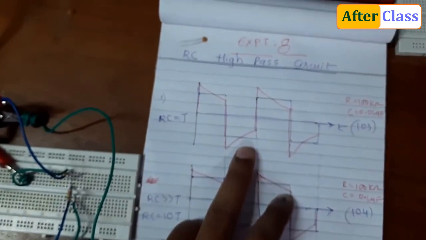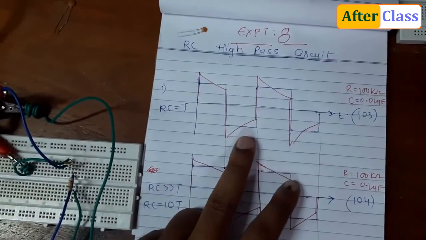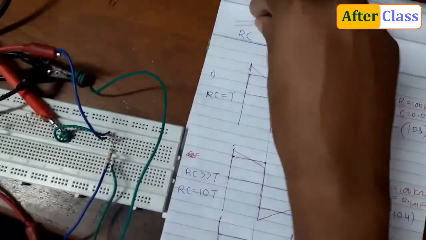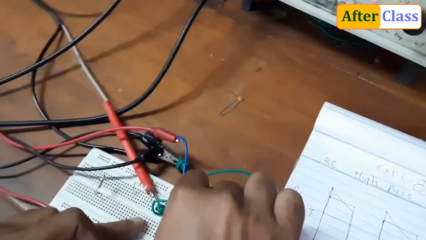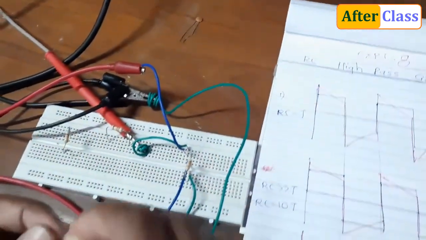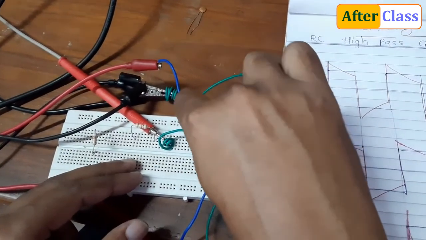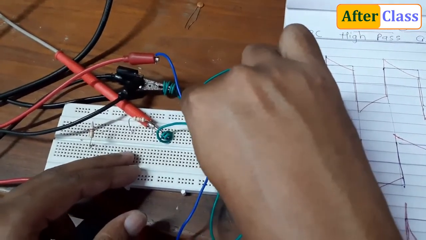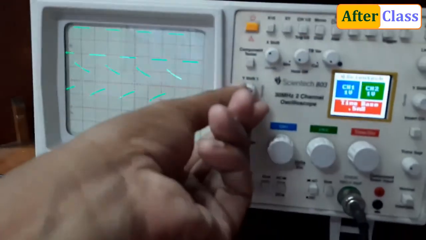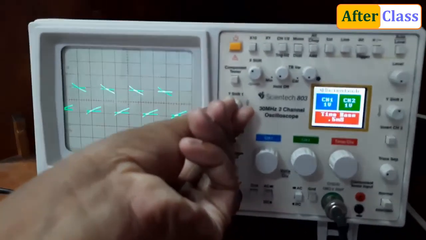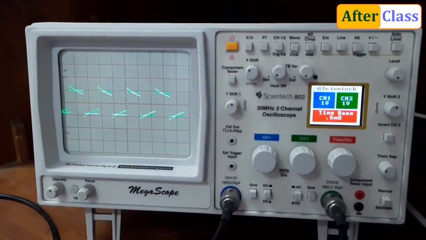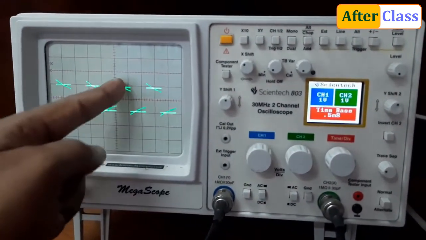Now we'll take this case, when RC is equal to T, and see how the waveform looks. I will remove this capacitor and replace it with a 103 capacitor, that is 0.01 microfarad. Now if you look at the CRO, see how you are getting the output. I'll superimpose it. On the CRO you don't get those straight lines like this.